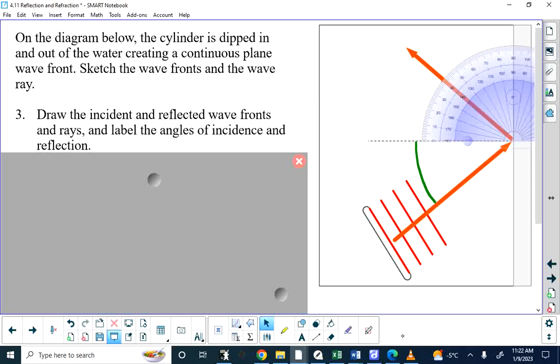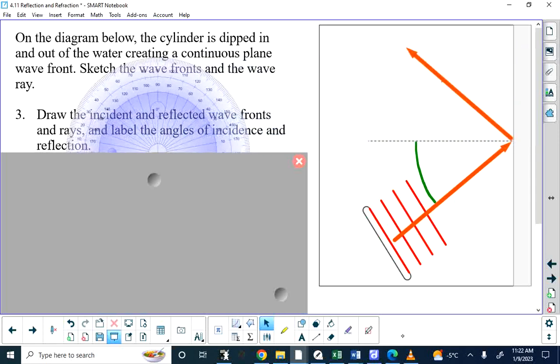But you can see now that this, which is the angle of incidence, is equal to this, which is the angle of reflection. And now if I asked you to draw in the wave fronts, you have a fighting chance because they have to be perpendicular to the wave ray. So the wave fronts on the bottom of the diagram are traveling up and to the right.